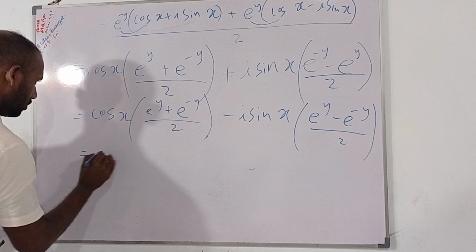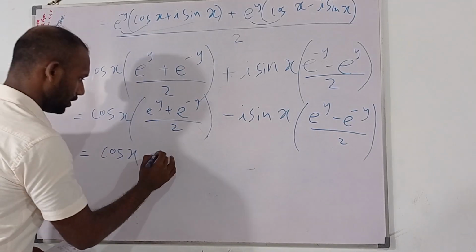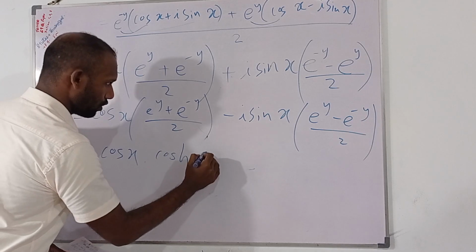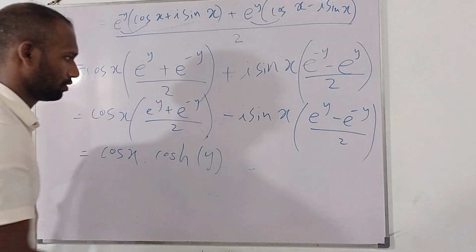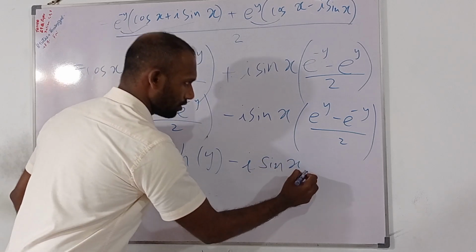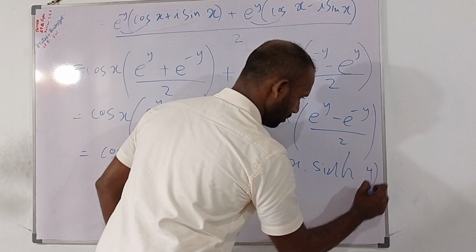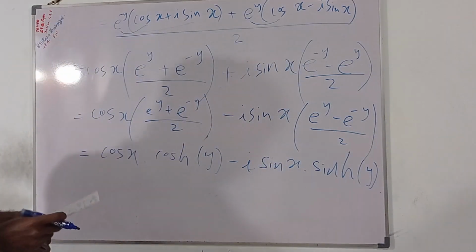So cos x, this is cos y, minus i sin x, this is sin y.